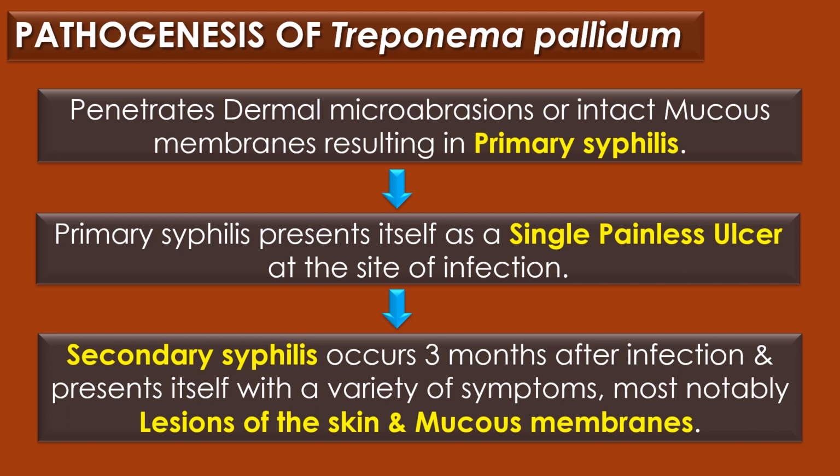Infection is initiated when Treponema pallidum penetrates dermal microabrasions or intact mucous membrane, resulting in primary syphilis. Primary syphilis usually presents itself as a single painless ulcer at the site of infection, and secondary syphilis occurs approximately 3 months after infection and presents itself with a variety of symptoms, most notably lesions of the skin and mucous membrane.